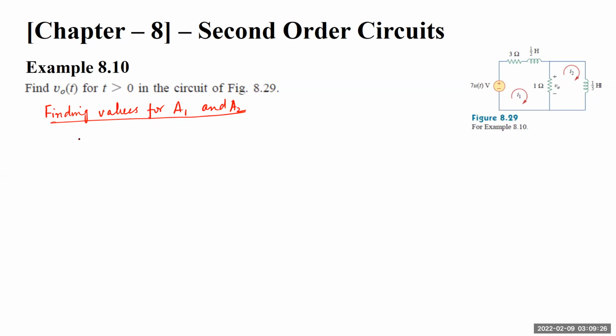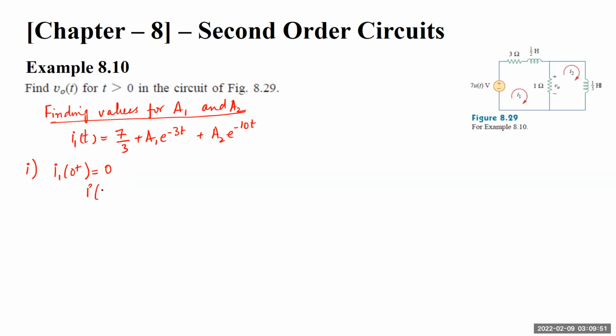How do we find out these values? First of all, we have I1 of t, writing for simplicity, equals 7/3 plus A1 e raised to power minus 3t plus A2 e raised to power minus 10t. Remember the first initial condition, I1(0+) is equal to 0.